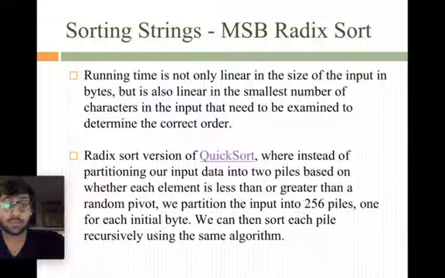Since I'm starting with the most significant bit, the array will be divided into two parts based on whether the starting bit is a 0 or a 1. The zero's boundary will be placed at the beginning of the array, and the boundary for one will be placed at the end of the array.